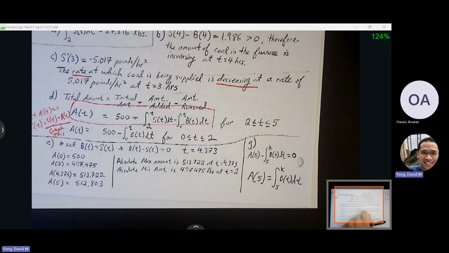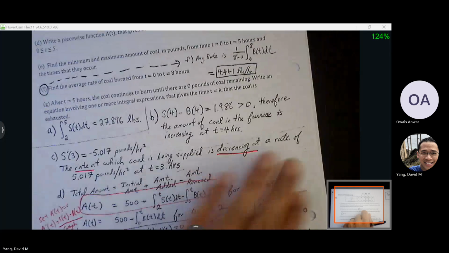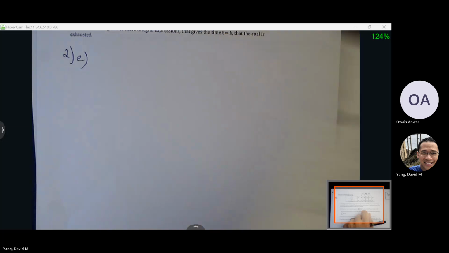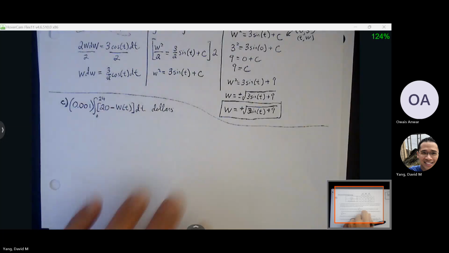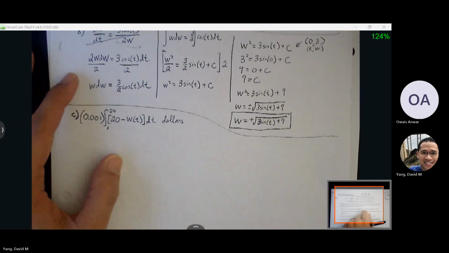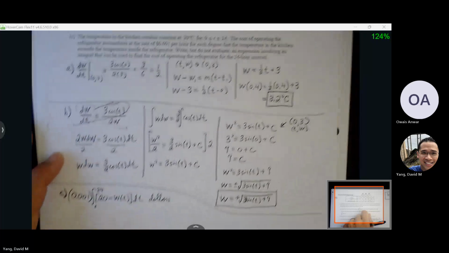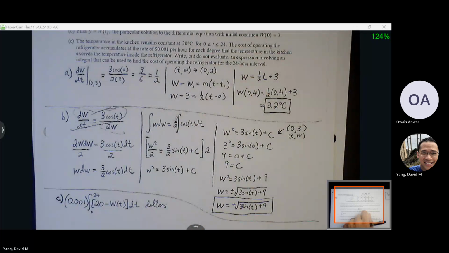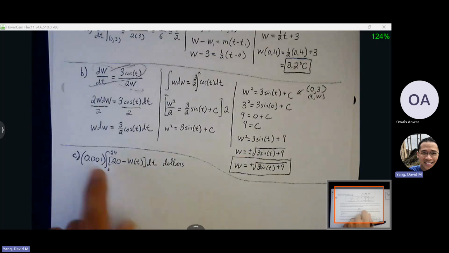That's a new page, 3C. Yeah, this is kind of a tougher one here.